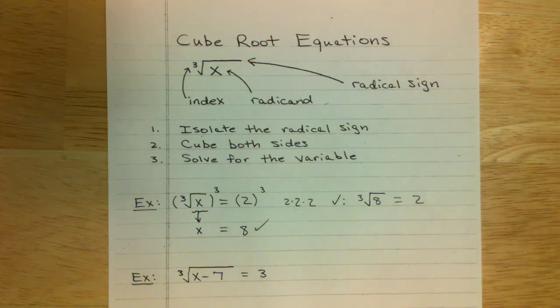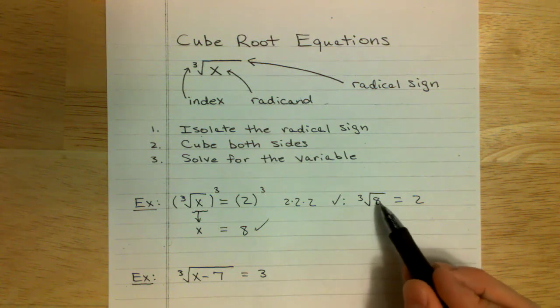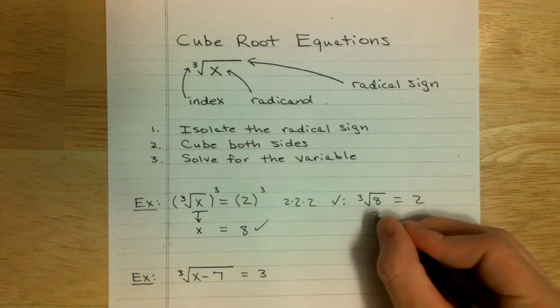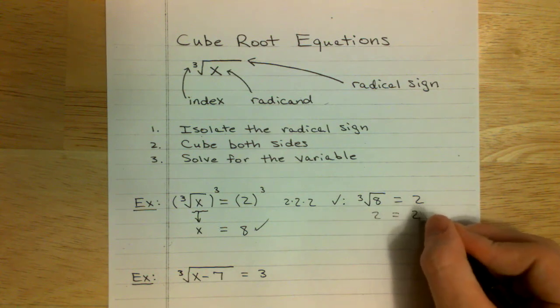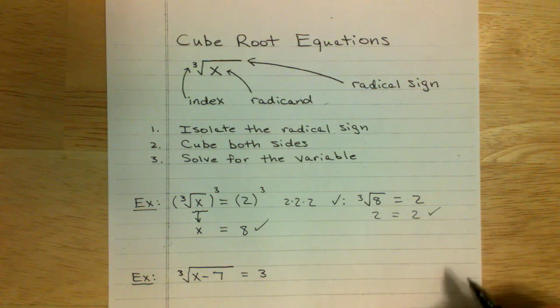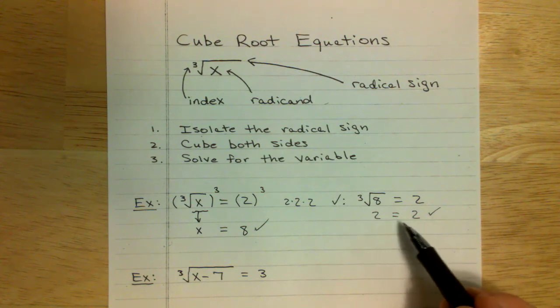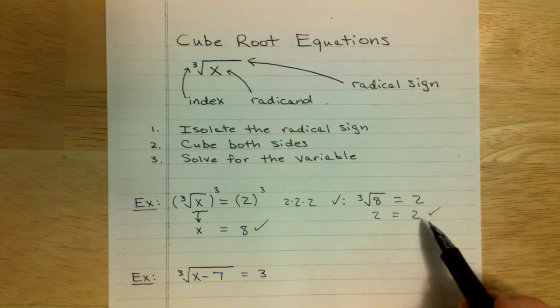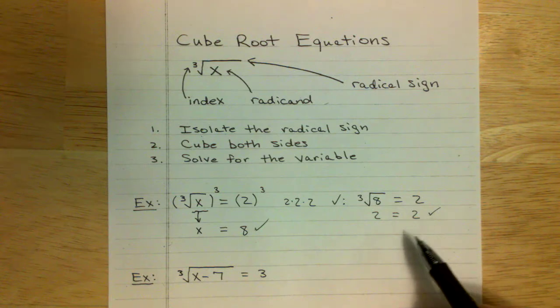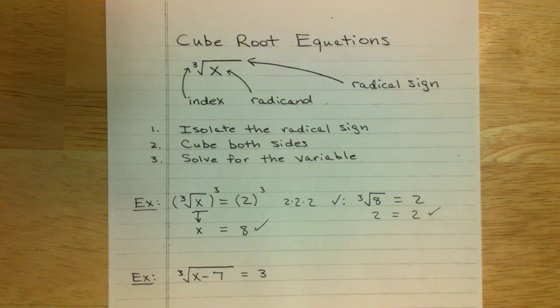But everything else about the equation, I'm going to keep the same. So I've got the cube root of 8 is 2. I know that the cube root of 8 is going to give me 2. So I get 2 is equal to 2. When I get that true statement at the end, that 2 is equal to 2, that true statement lets me know that this answer is going to work.